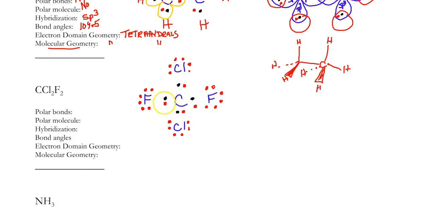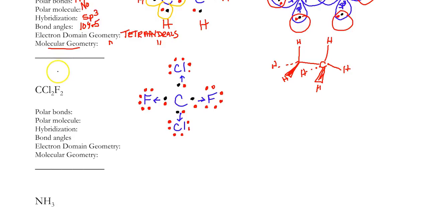All right. Now, I didn't draw the dots according to how they're attracted. The fluorine is going to be much more attracted to the electrons than the chlorine. So these electrons will actually be pulled toward these halogens. But in any case, you get the feeling. Now, of course, the first thing we say to ourselves is, what kind of hybridization do you have?